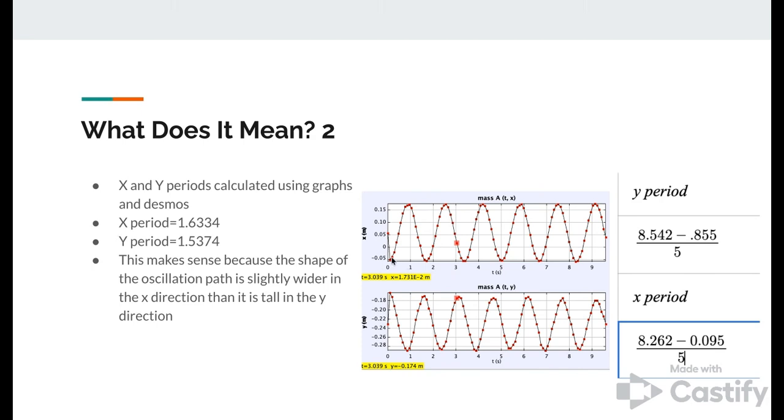So it would be 1, 2, 3, 4, 5, and that's what you divide it by, and the time is in the numerator. And it does make sense because in the video you can see the shape of the oscillation path is slightly wider in the x direction than it is tall in the y direction.